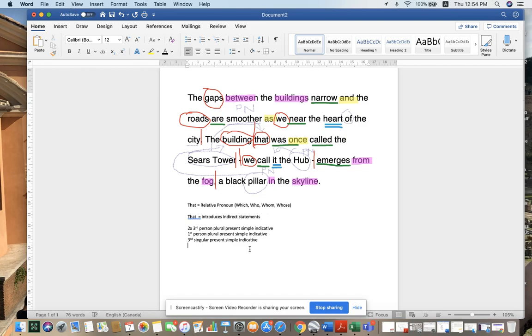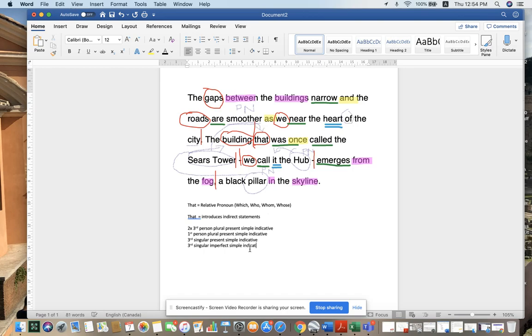And once again, seeing that emerges belongs to building would stop you from saying that that is a third person imperfect, which is what the next one is. That was once called is third singular. This is imperfect, simple, indicative. Now you're going to ask me, well, Mr. G, how do you know that this is an imperfect?